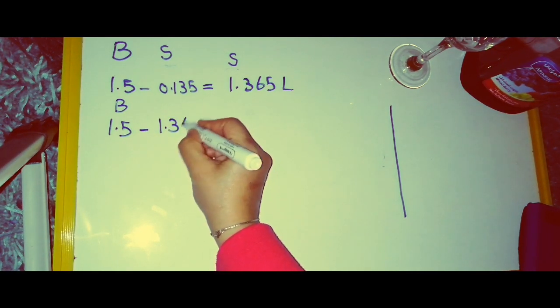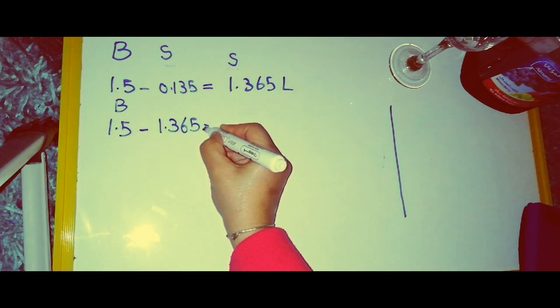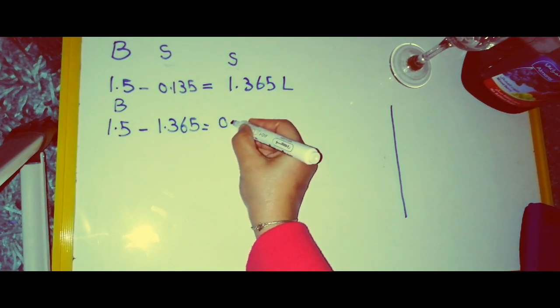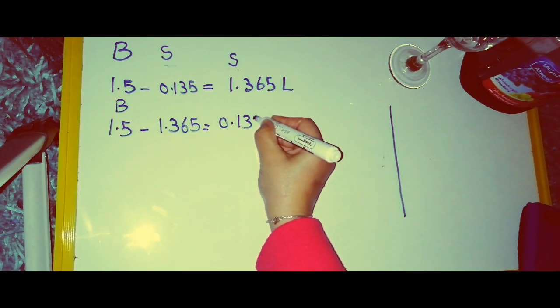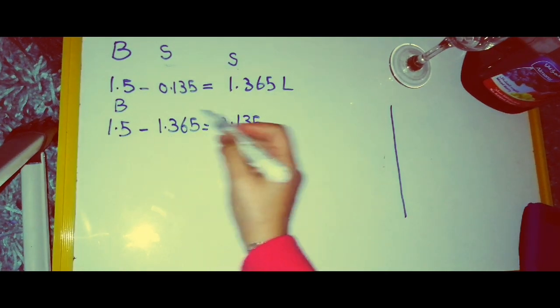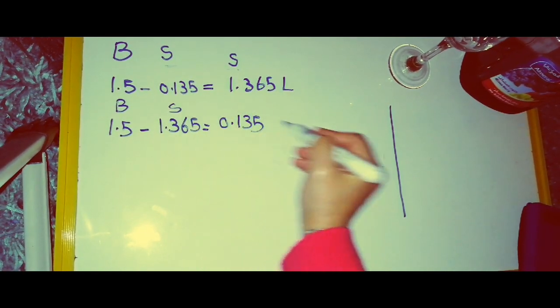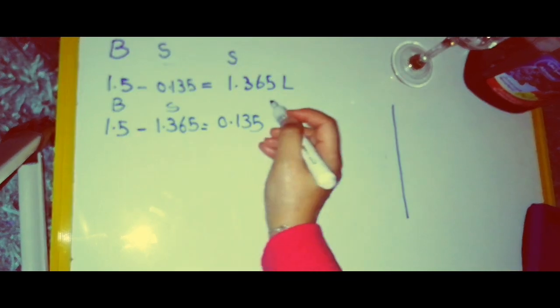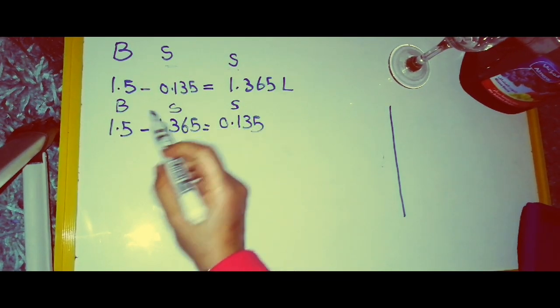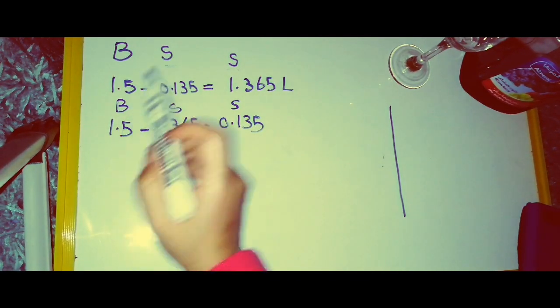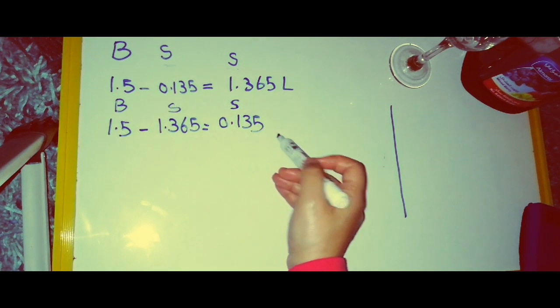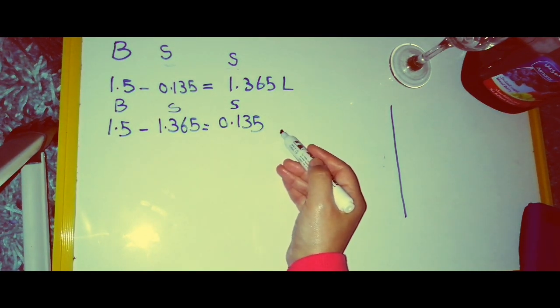also. 1.5 minus 1.365 equals 0.135. Of course, I can do this operation, but I'm just giving an example for this. So here I started with the big also, so I have to subtract to find the other small number which is missing here.